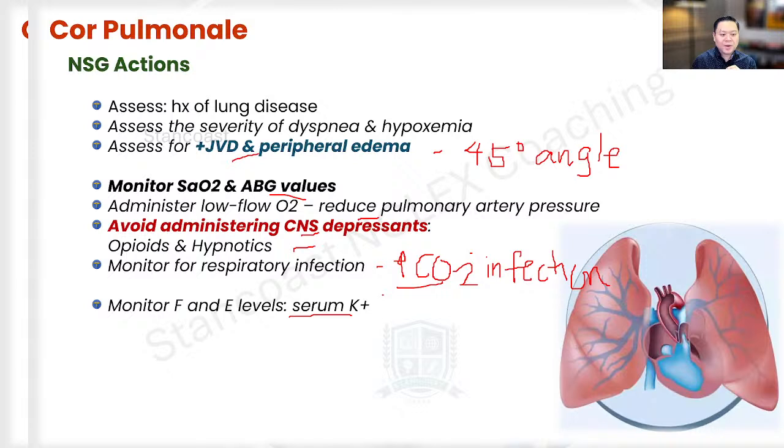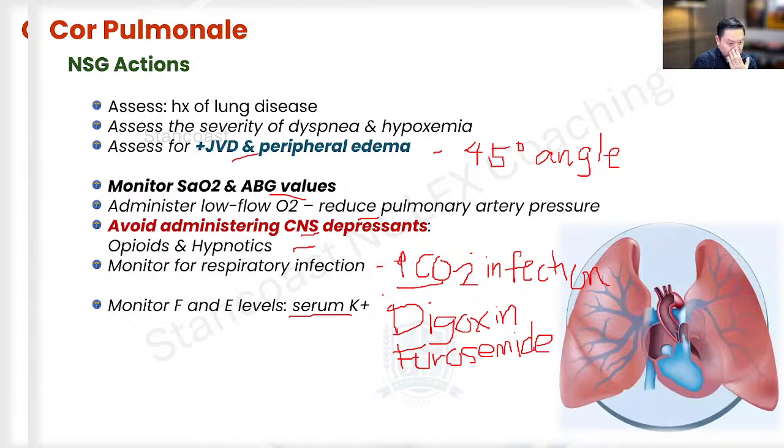So let me write this down here. Especially when these medications are involved, you really have to make sure that the potassium level is within the normal range. Okay. Remember, guys, about the furosemide, that this is going to cause excretion of the potassium.